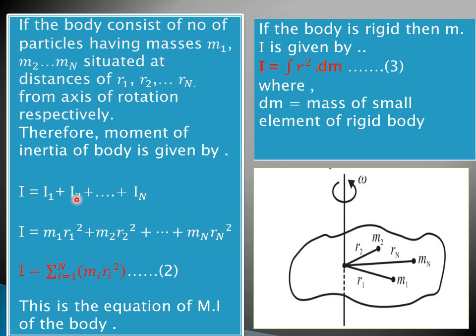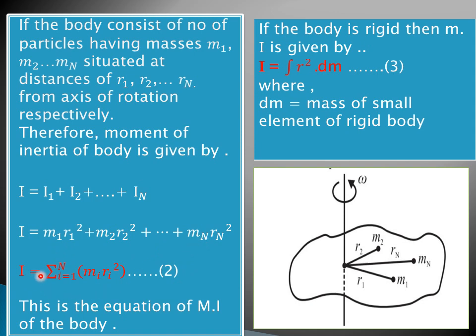Put in this equation, so the equation will become I equals m1 r1 square plus m2 r2 square plus up to mn rn square, and this equation can be converted in the form of summation. So I equals summation of mi ri square, where i starts from 1 because the start is from the first particle and ends at n because the last particle is n.